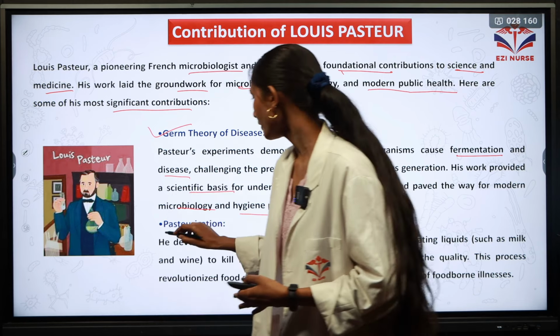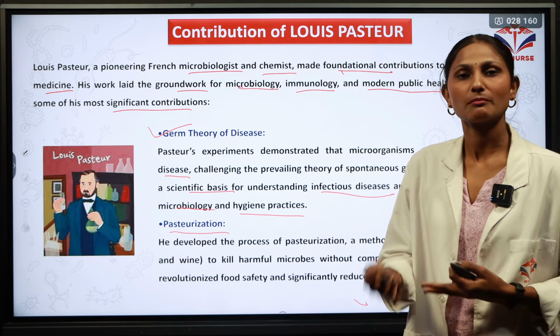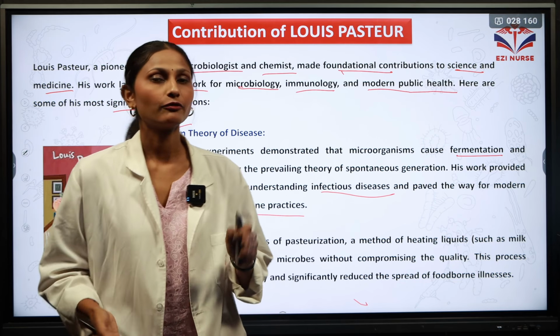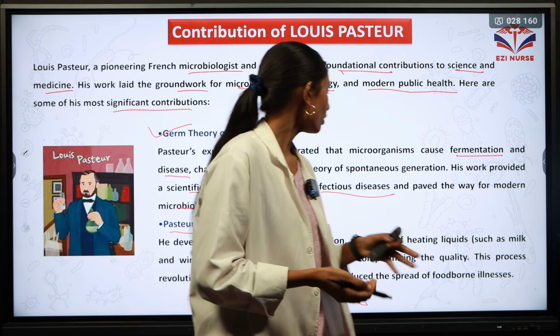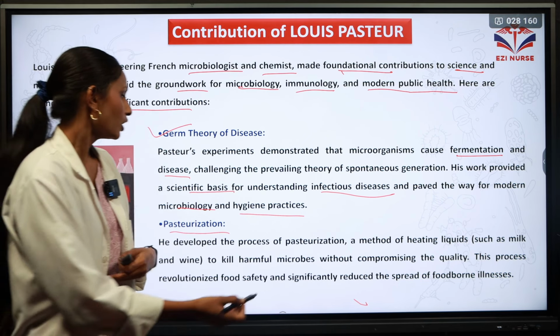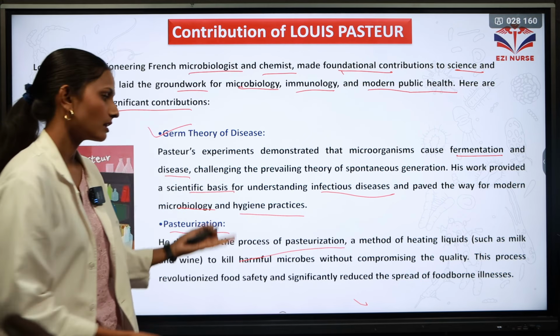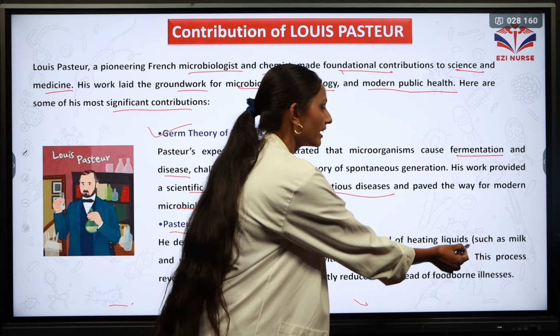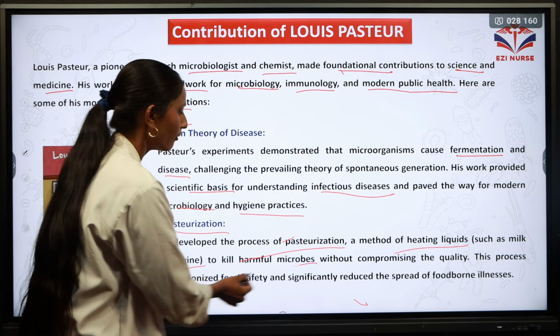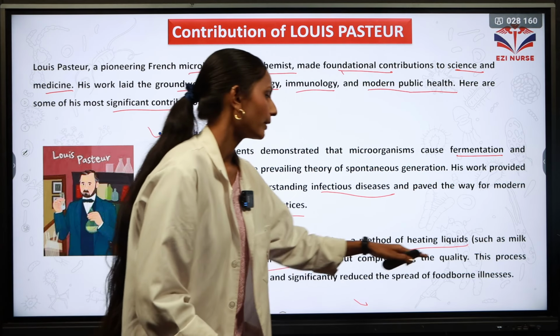Next one is pasteurization. Pasteurization is a method we can apply to prevent food from getting spoiled or wasted, and it was developed by Louis Pasteur. It is the method of heating liquids such as milk and wine to kill harmful microbes without compromising the quality.